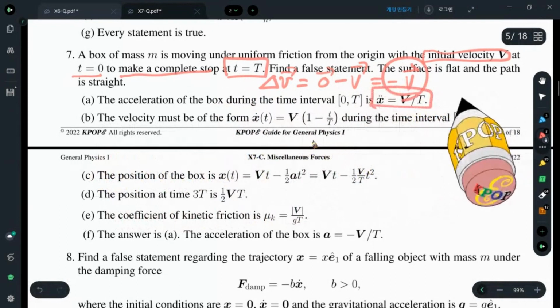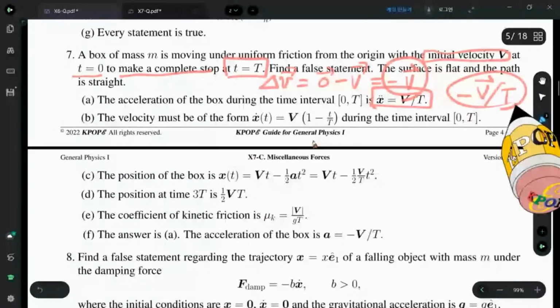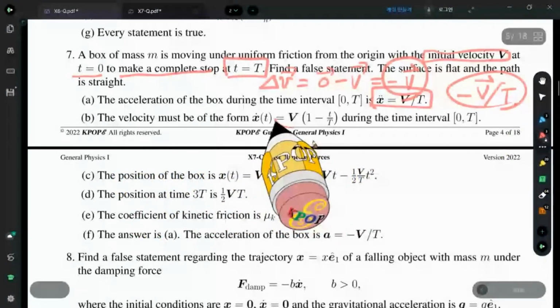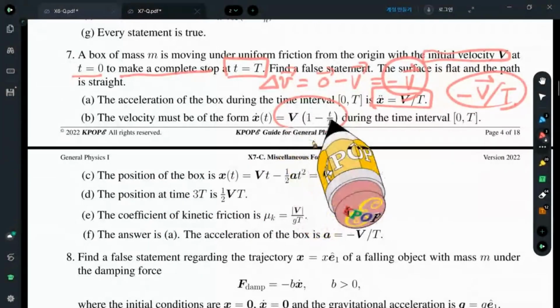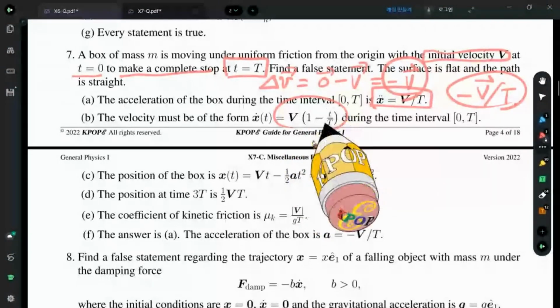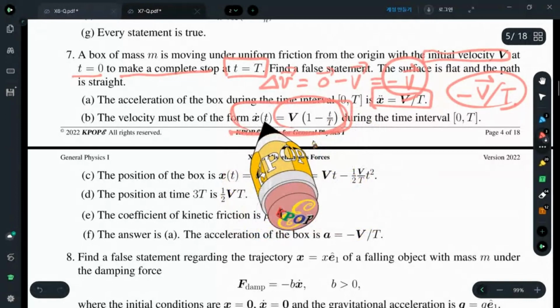Acceleration, that's wrong, it's minus V over T. Velocity must be of the form, yes, if I substitute t equals 0, it is V, right? If I substitute t equals capital T, this becomes 0. So this is the exact formula for the velocity.